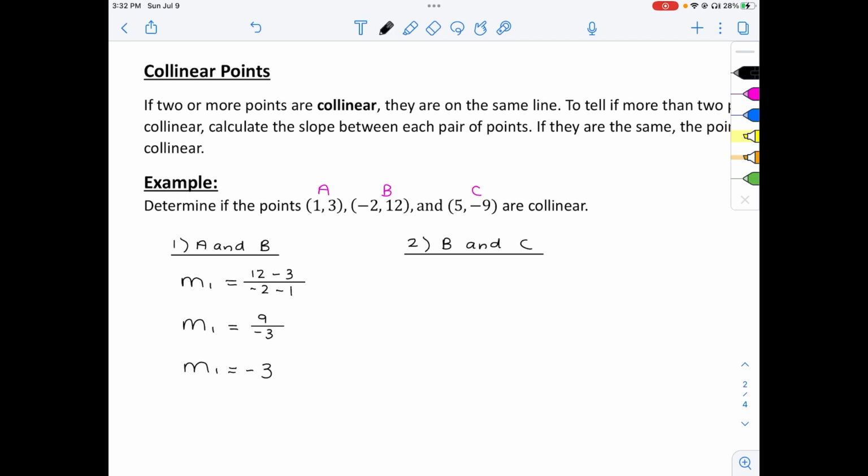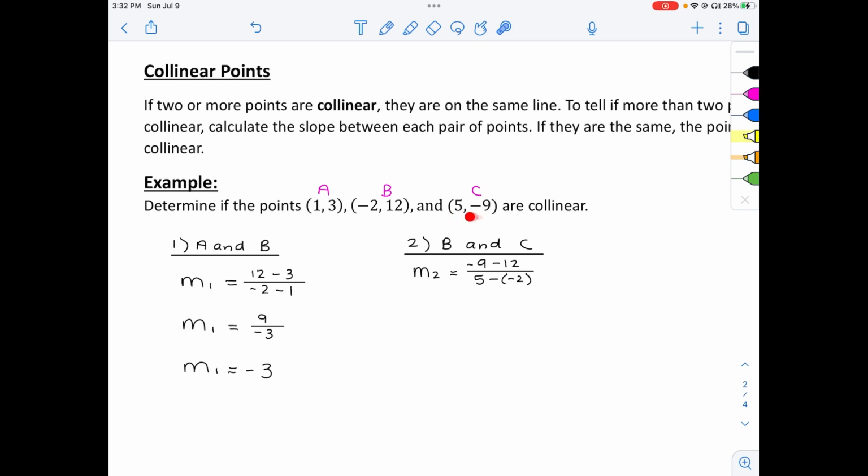So I'm going to call this slope m2. And same thing, I'm doing y2 minus y1 over x2 minus x1. So I'm going to do -9 subtract 12, and I'm dividing that by 5, subtract -2. This is something you need to be careful of when you are finding slope, because you're always subtracting between your two coordinates.